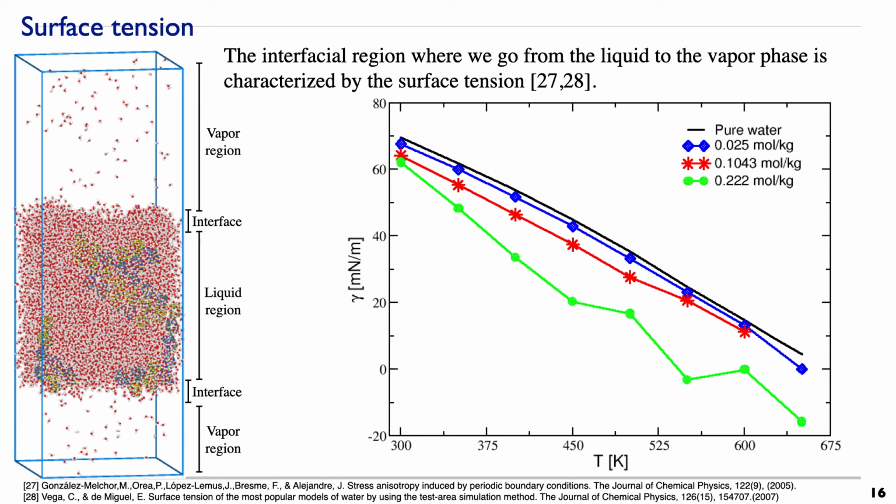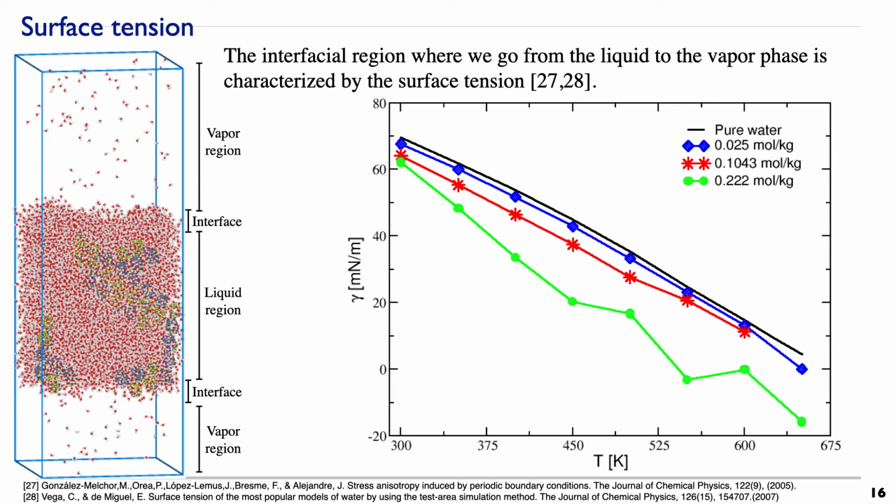As we see in the figure on the left, the less dense regions are part of the vapor phase, and the denser one is the liquid phase, and the little region where we go from one phase to the other is the interface. So we calculate the surface tension for the 3 concentrations and compare them with the surface tension of pure water obtained in this simulation work.